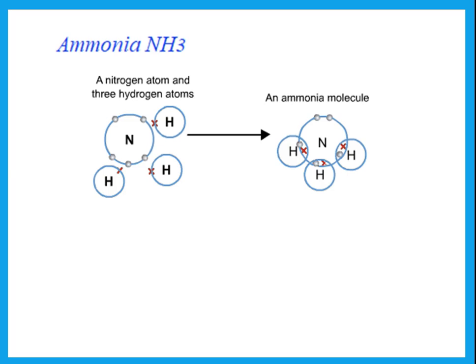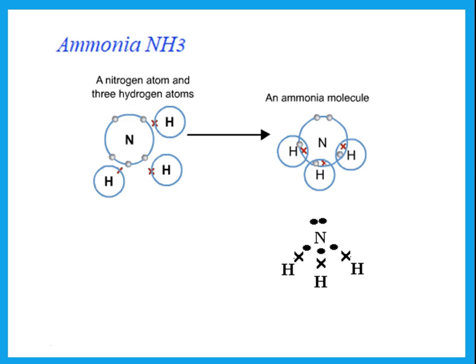Okay, ammonia. Ammonia is a compound between nitrogen and hydrogen. Again, each hydrogen can give me only one, but then the nitrogen needs how many? The nitrogen is in group 5, so it has 5 electrons in the outermost shell. So it needs 3, and that means I need 3 hydrogens to donate 3 electrons. So I have 3 pairs of electrons being shared between nitrogen and hydrogen, and I still have the rest of the 5.